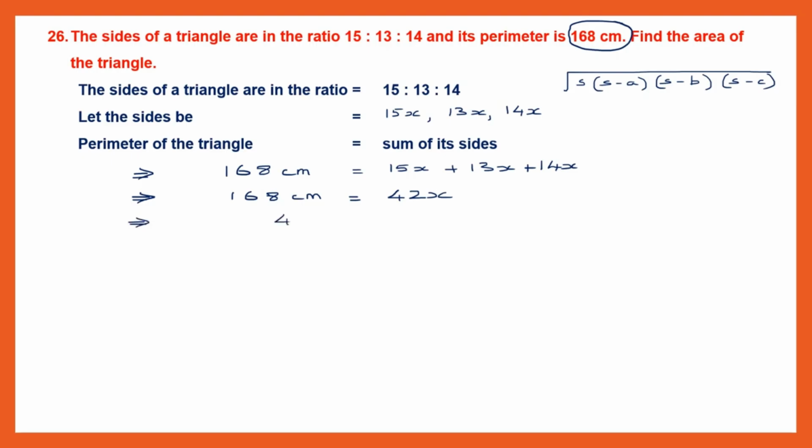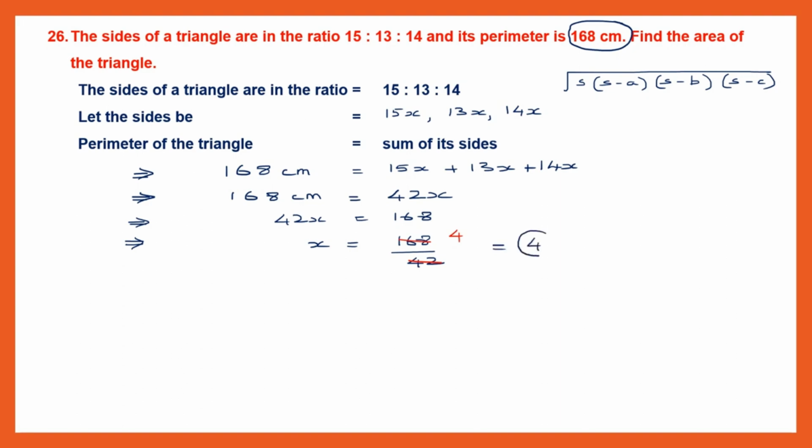I'm going to bring 42x to the side. So 42x is 168 centimeters. That means x will be equal to 168 divided by 42. So here itself you can cancel. 42 into 4 is 168. That means x is equal to 4.